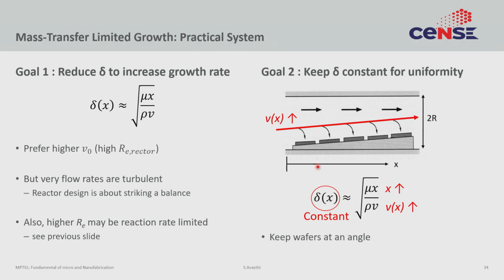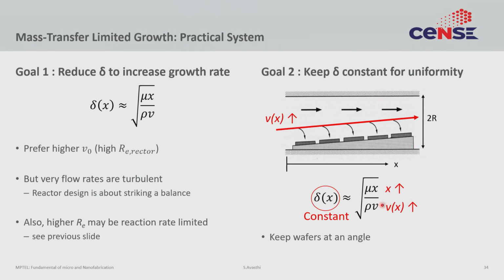The easiest way that is achieved is by loading the wafers at an angle. What you achieve by doing that is that you change the velocity of the gas as it goes from left to right. So the effective cross section of the reactor is higher here, and lower here. Since mass cannot be created or destroyed, the effective velocity must be lower here, and as you go from left to right, the velocity must increase.